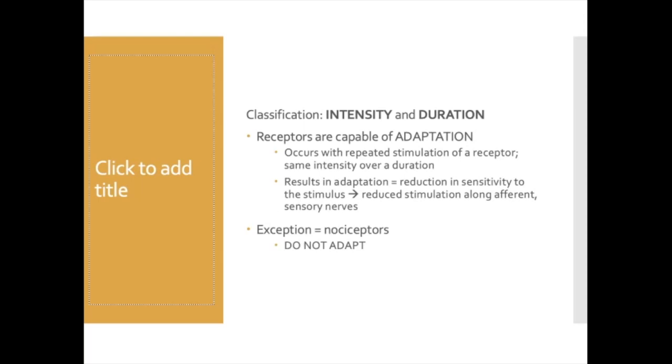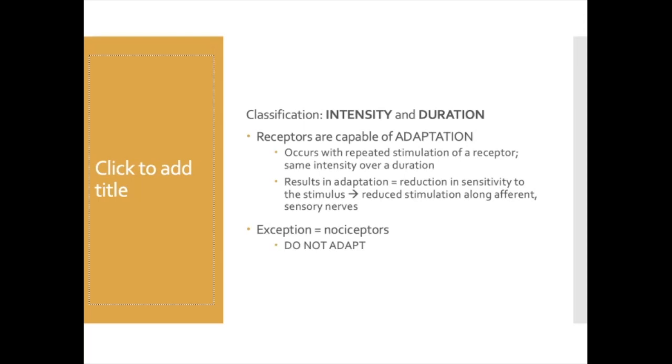If you pay attention to how your shirt is touching, for example, the skin on your back, or how your shirt is touching your shoulders or touching your arms, if you pay attention to it, you can feel it. But most of the time during the day, your brain is not registering the touch sensation of your clothing on your body. Your receptors are starting to adapt, in other words.